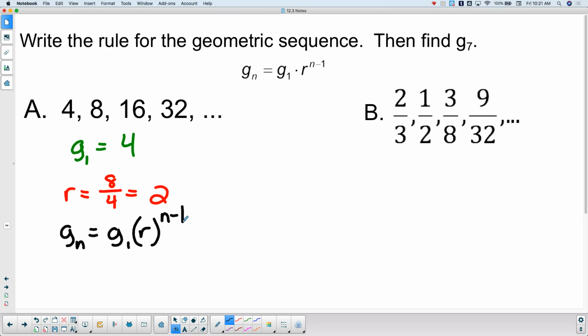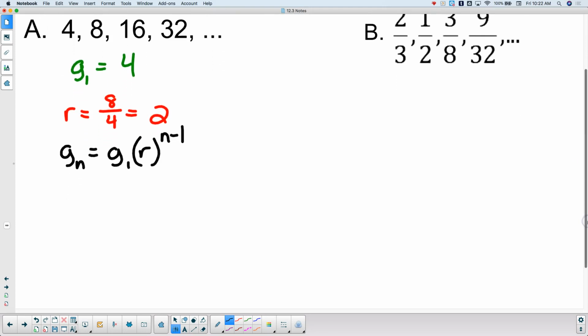And the rule in this particular sequence would be G sub n, any term, is equal to 4 times 2 raised to the n-1 power.